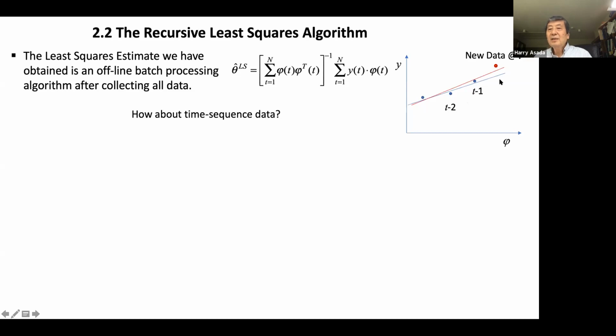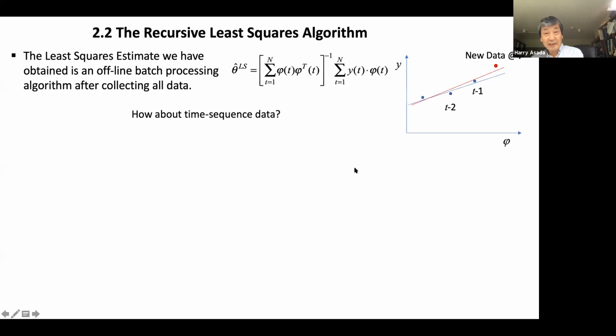But at time t, new data comes in, and including this point we need to change the best-fit curve to a slightly different direction. At time t+1 we get yet another new data point, and we need to change the curve again. So in an actual real-time control setting, we have to deal with time sequence data, right?